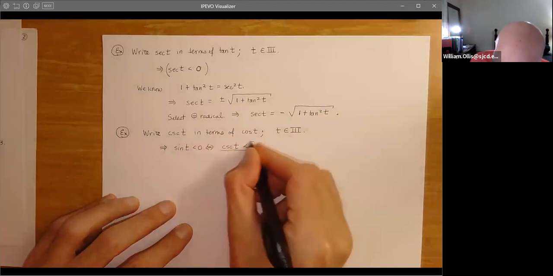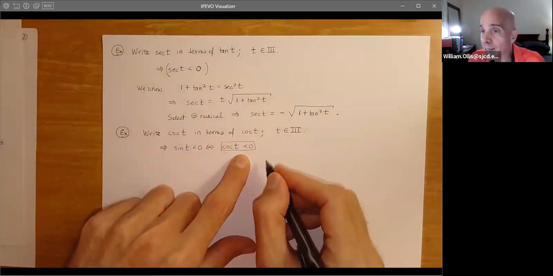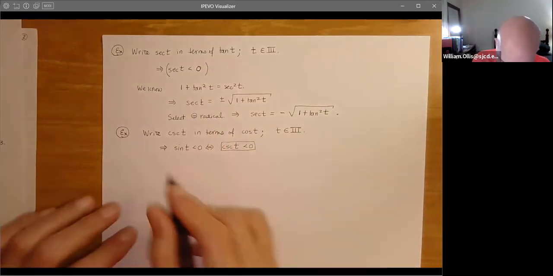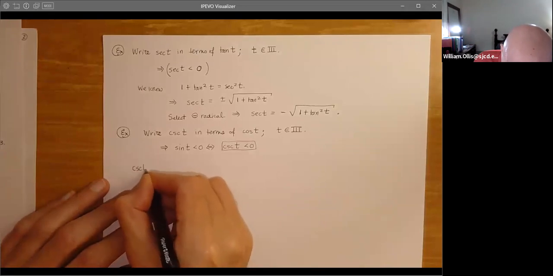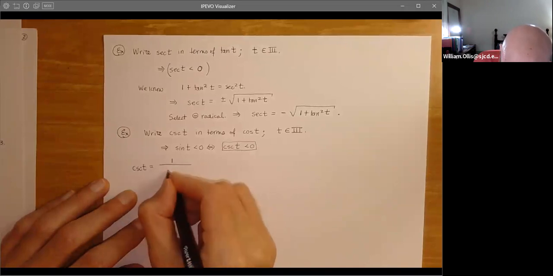So whatever expression we have, it must validate the fact that the value of cosecant t will be less than 0, will be negative, okay? So now, cosecant of t is 1 divided by sine t.